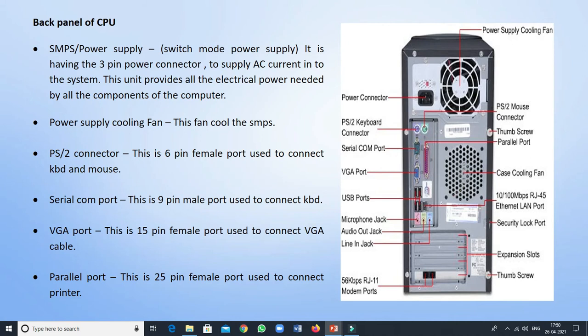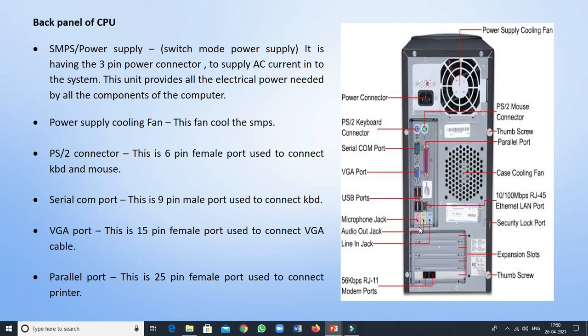And this one is your parallel port, which is for your printer, and the VGA port is there for attaching your monitor. The case cooling fan is there. Then these are the USB ports, and there are microphone jacks.